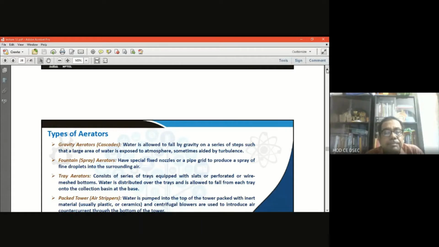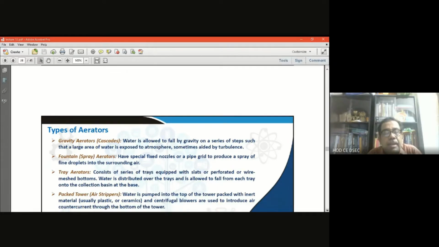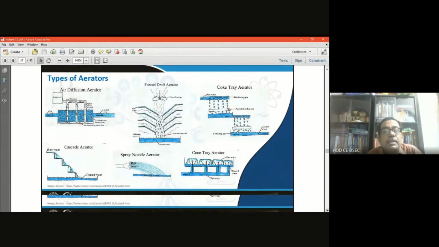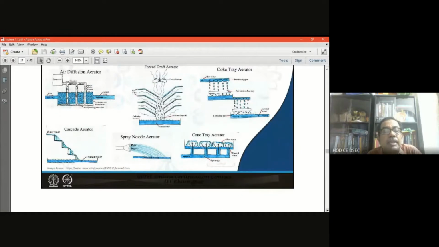What is that? These are special fixed nozzles or a pipe grid to produce a spray of fine droplets into the surrounding air. How? I am showing you the figure. That is the fountain spray aerator. This is called the fountain spray nozzle aerator.